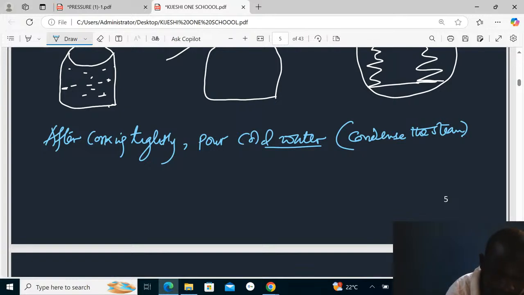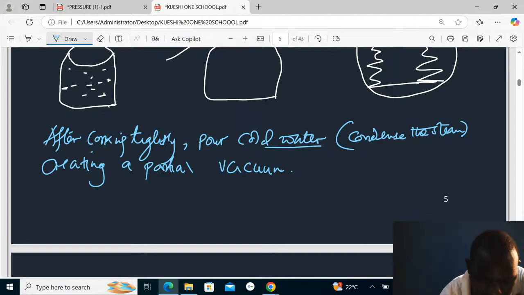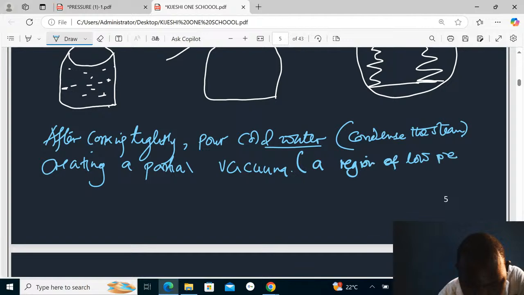To condense the steam, creating a partial vacuum. And what does the vacuum mean? A region of low pressure.